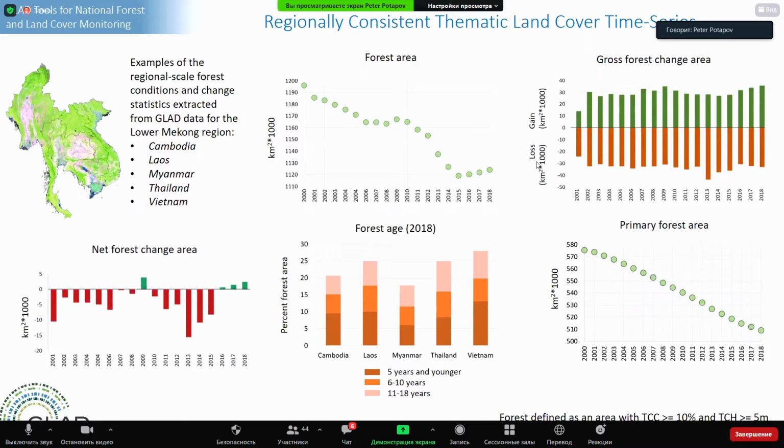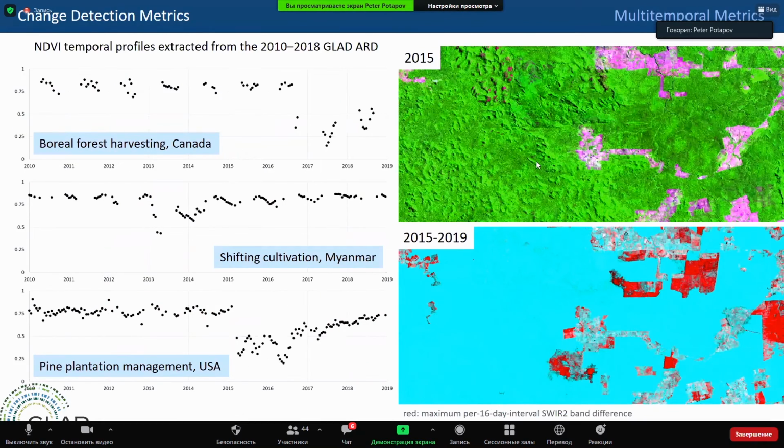You can see that more than a quarter of forests in Vietnam were younger than 17 years. And we also have data for primary forest areas until the year 2000. You can monitor the changes. And this is very useful in various environmental protection projects.